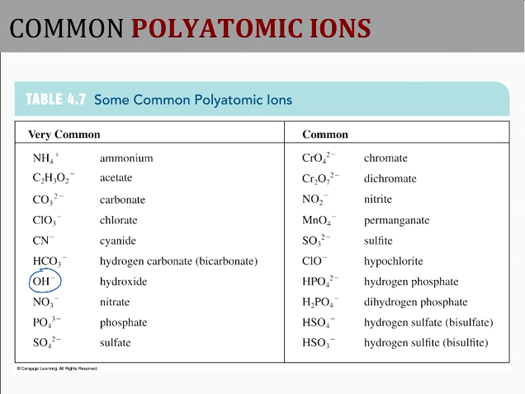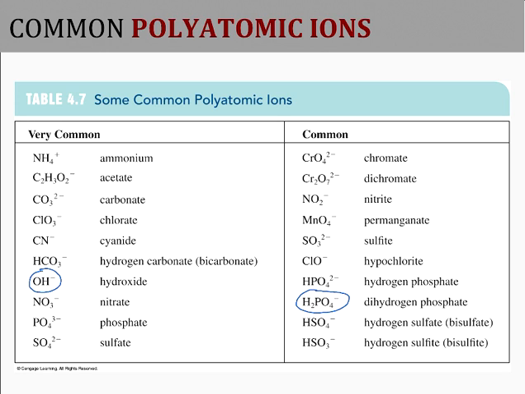So we have 2 elements bonded together with an overall negative charge. So instead of just one element with a charge, we have two. And you'll also notice this one over here, H2PO4 minus, has 7 atoms bonded together with an overall negative charge.